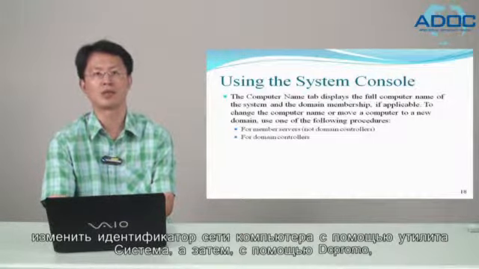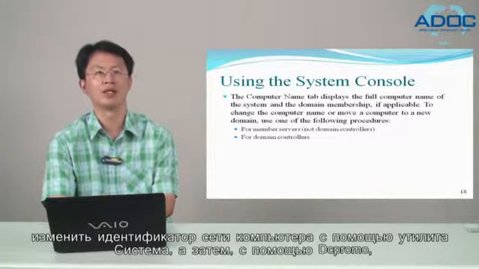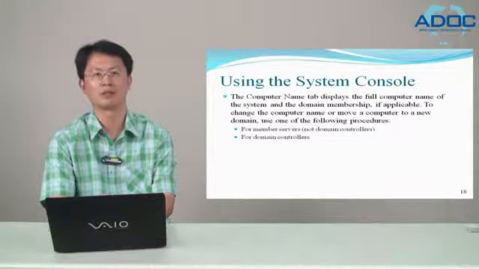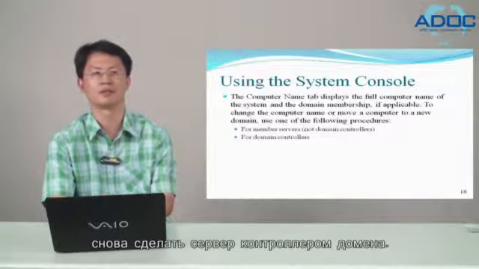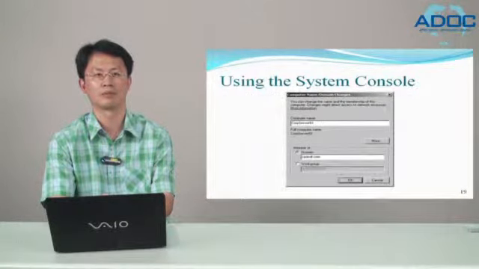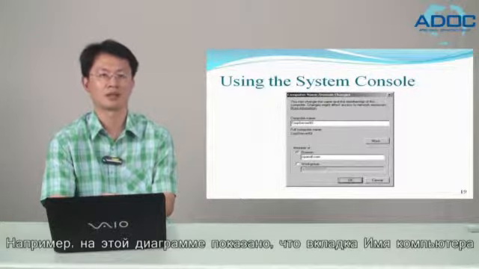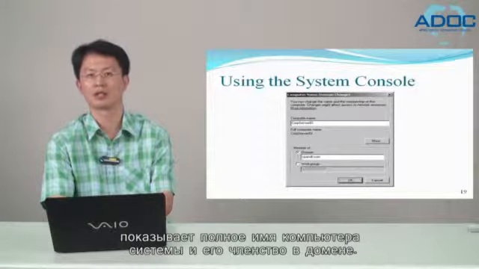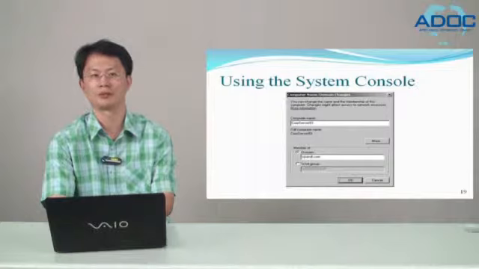Change the computer's network ID by using the System utility, and then promote the server using DCPromo so that it is once again a domain controller. For example, this chart shows that the Computer Name tab displays the full computer name of the system and the domain membership.